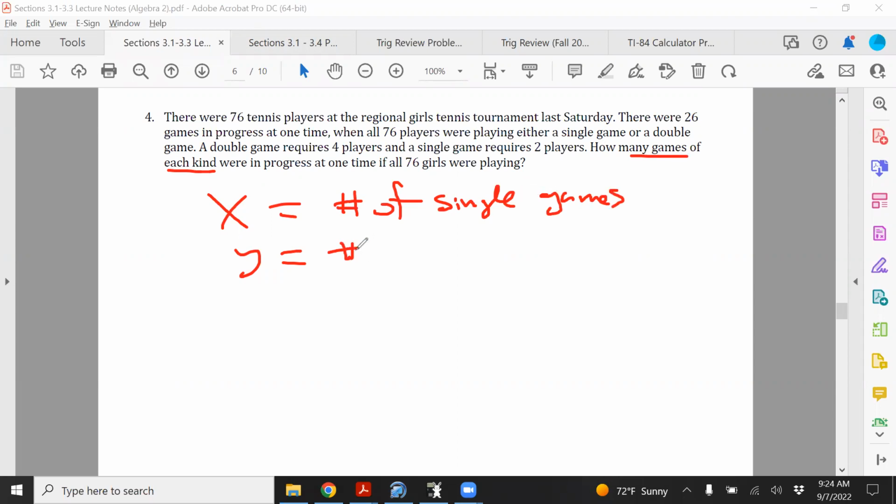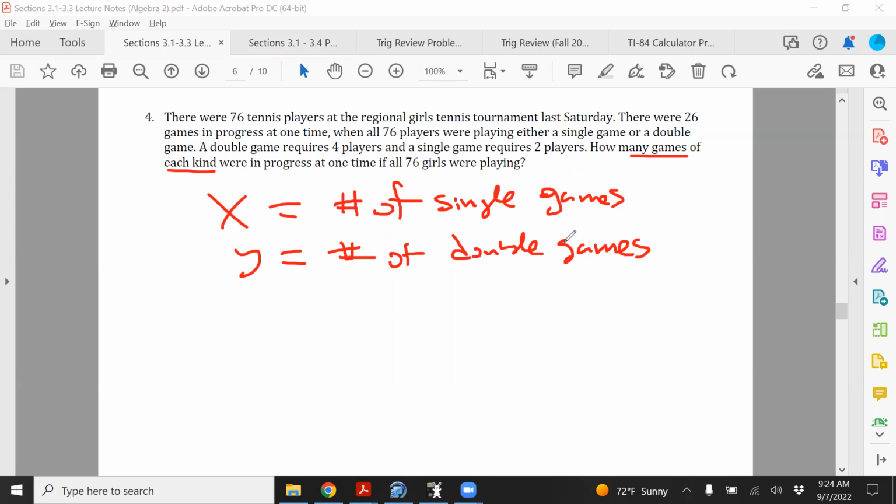For those who are watching the US Open, they have singles and doubles, right? Singles is one against one person, doubles is 2 against 2.